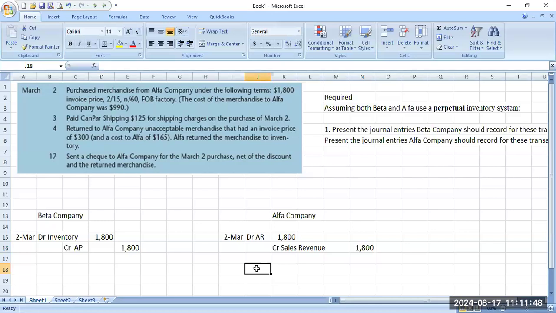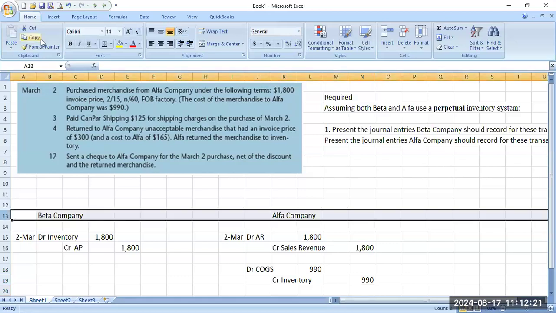We already have the cost of our merchandise, so we can easily debit cost of goods sold for 990, and credit inventory. Inventory is going to go down by $990. And that's the same transaction under both companies, as you can see.